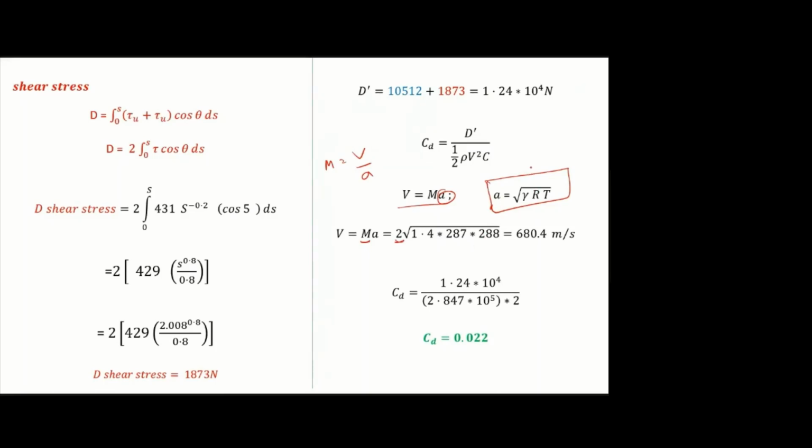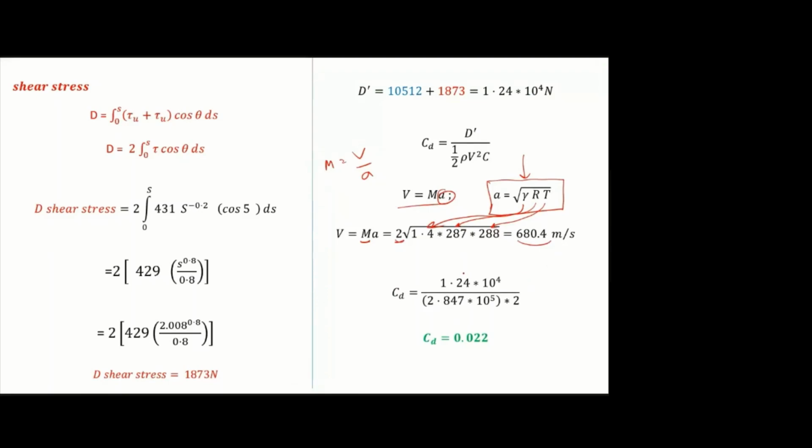In Aerodynamics 2 also, we have the derivation, and at that time we will derive it once again. Gamma is the specific heat ratio 1.4, R is the gas constant 287, and sea level temperature 288 I have taken. So the velocity is 680.